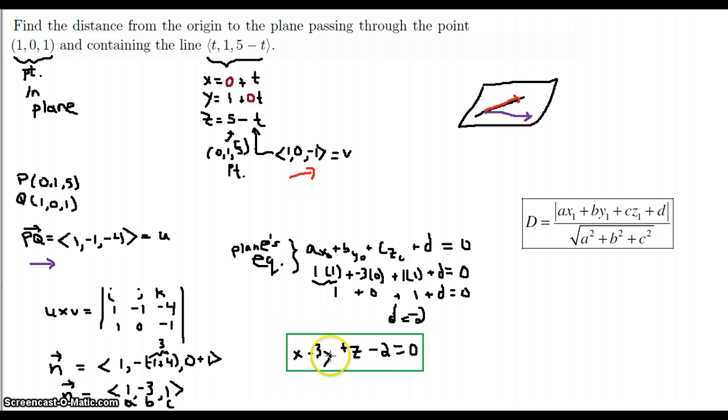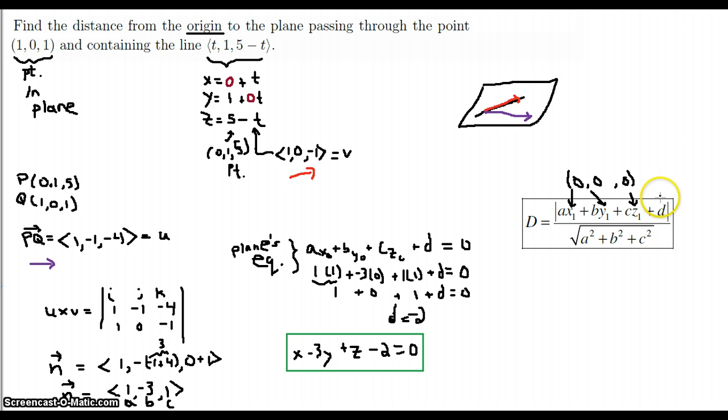So we know who a, b, c, and d are, and x1, y1, z1 is the origin. So x1 is 0 and y1 is 0. That makes things easier for us.